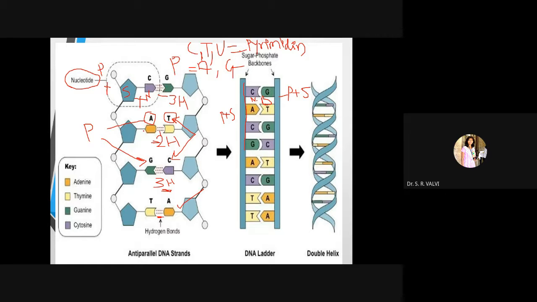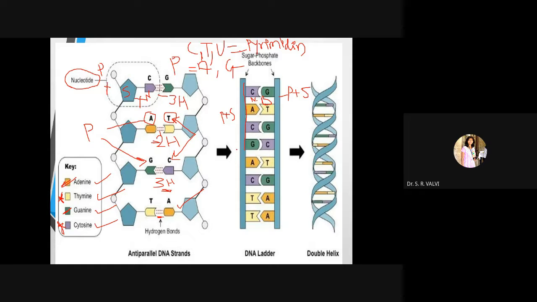Here you can see adenine, thymine, guanine, cytosine, right? Among these, adenine and guanine are purine bases, whereas thymine, I will make it star, and cytosine are pyrimidine bases, right?